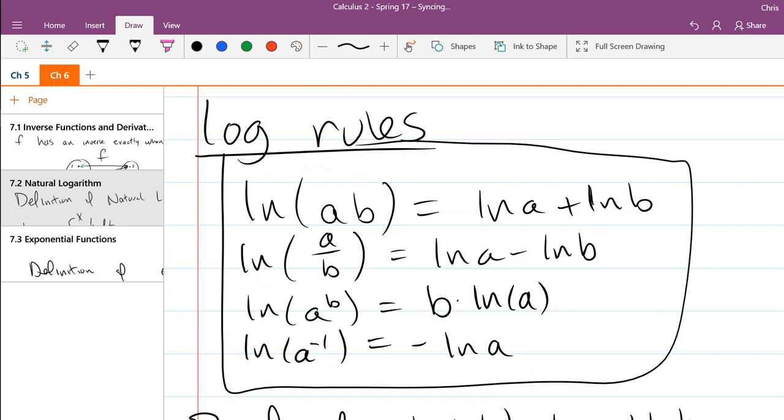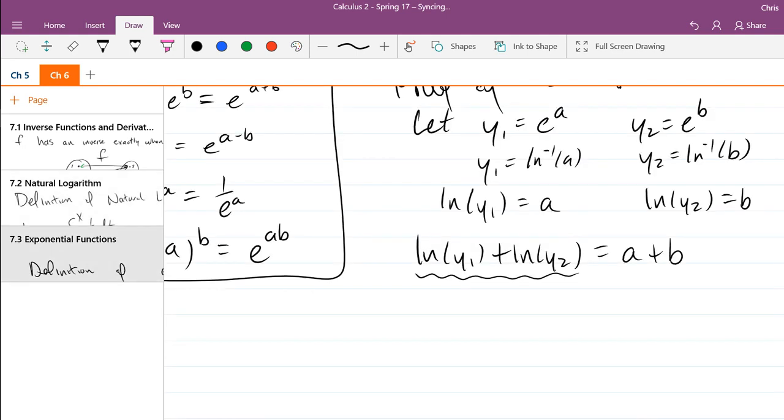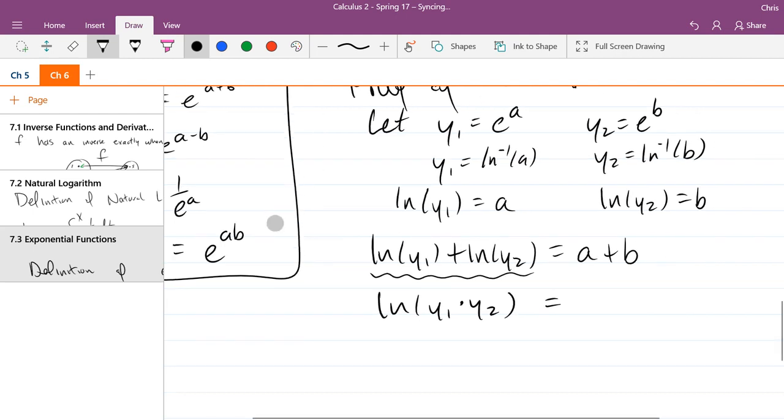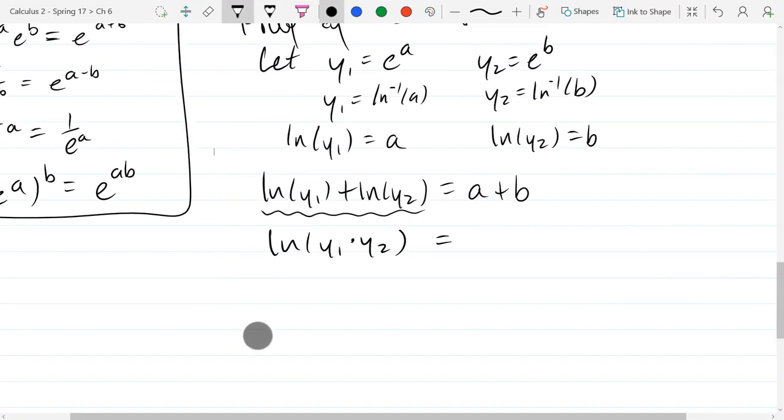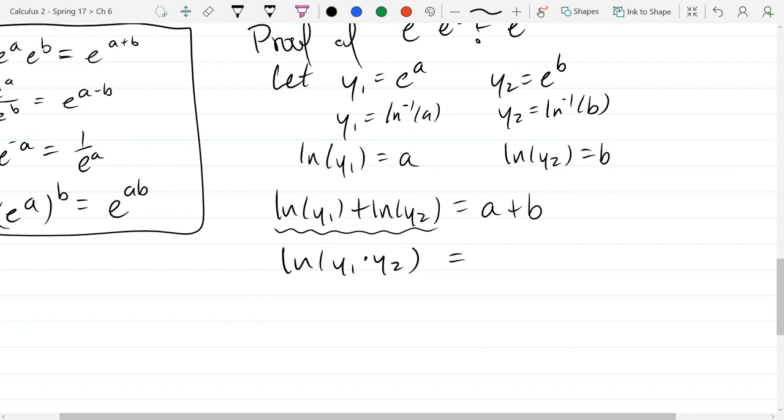Property 1. So addition outside is multiplication inside. And I think we did actually prove this property, but we didn't spend the time to prove every single property, but we're going to use property 1 right here. So it turns into a product inside. And we know these are equal, so let's take ln inverse of both sides.